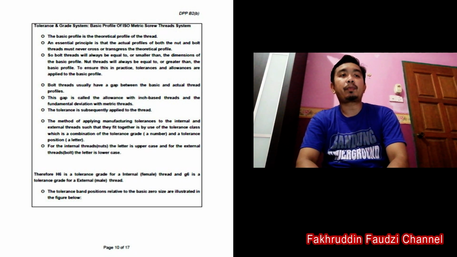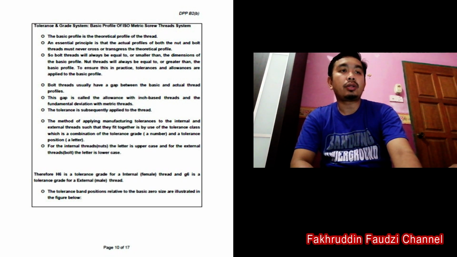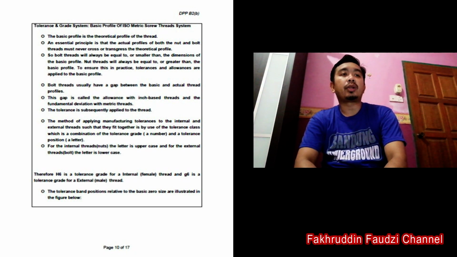To ensure this in practice, tolerance and allowance are applied to the basic profile. Jadi both threads usually have a gap between the basic and actual thread profile. This gap is called the allowance with inch threads and the fundamental deviation with metric threads. The tolerance is subsequently applied to the thread.